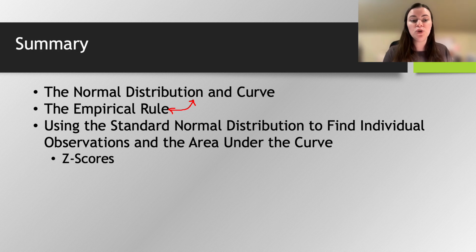And lastly, we use the standard normal distribution to find both individual observations, which is what we did with our St. Louis Cardinals examples, and also areas under the curve, which we did with our SAT versus ACT examples as well.